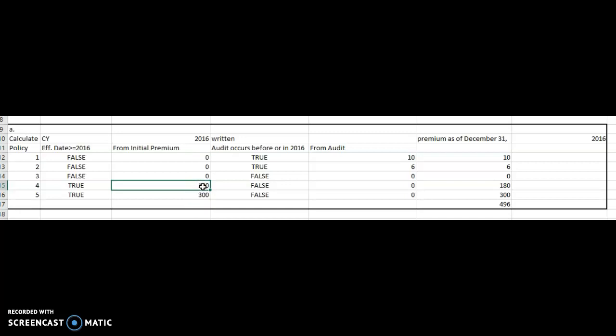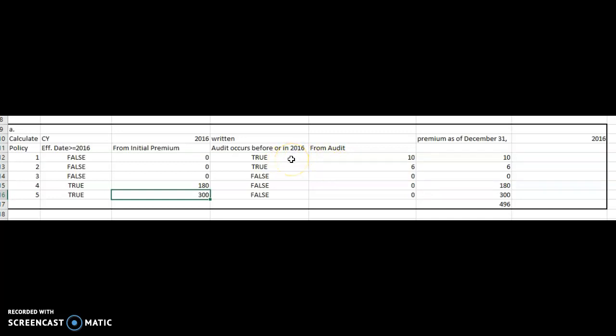So all the premium from 2016 are 180 and 300.